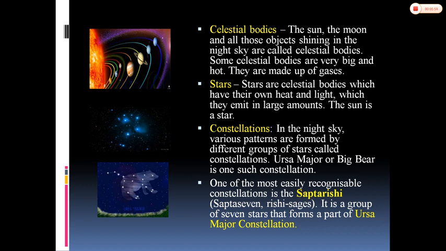Even the sun is also a star and it emits its heat and light. The heat and light of the sun is received by the earth, therefore life is possible, or life exists, on the earth.